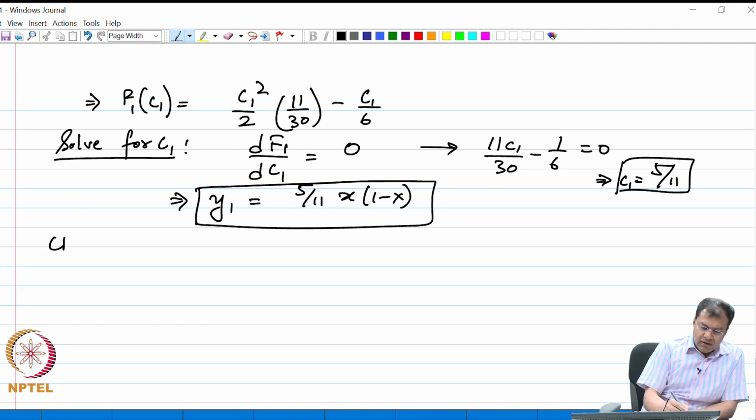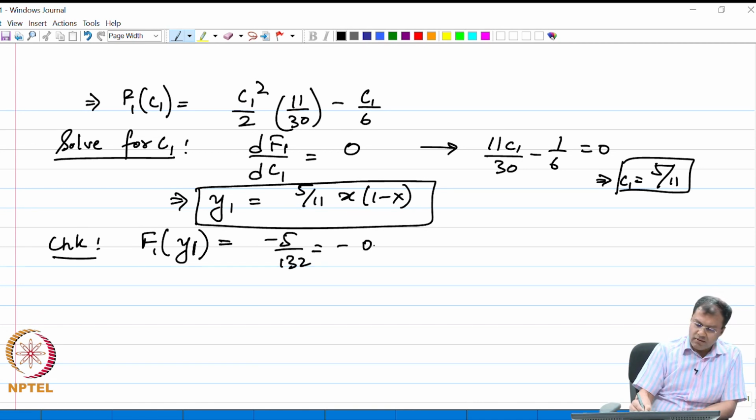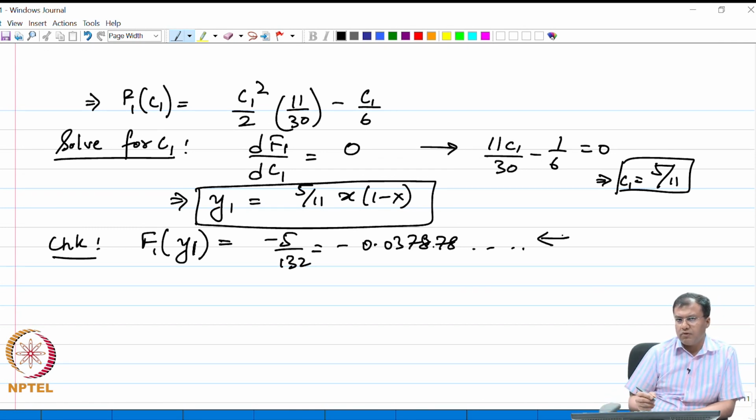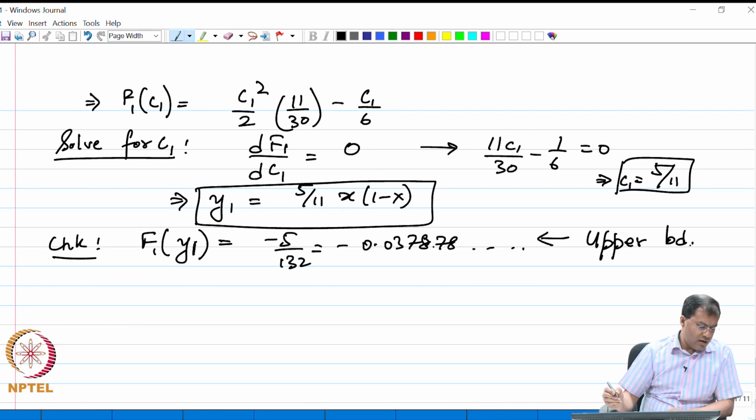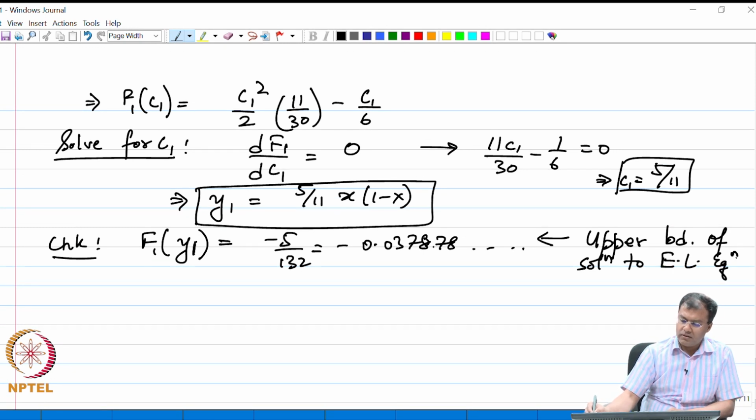We can check that the value of the functional evaluated at y1 comes out to be this constant, which is minus this quantity, and by the analysis that I showed a few slides back, this is the upper bound of the solution to the Euler-Lagrange equation, which was highlighted a few slides back.